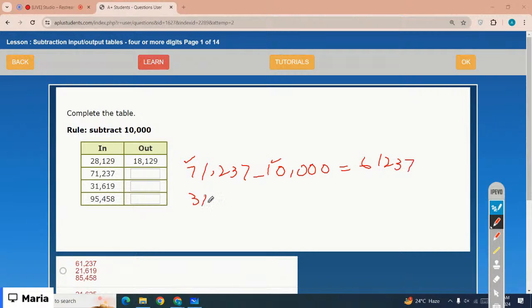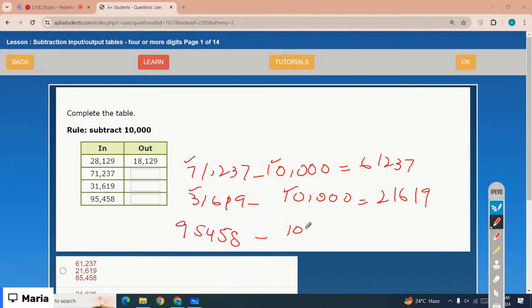Then you have 31,619 minus 10,000. 3 minus 1 is 2, the rest are the same. Then 95,458 minus 10,000, that is 9 minus 1 is 8, the rest of the digits are the same. So the correct option is option number 1.